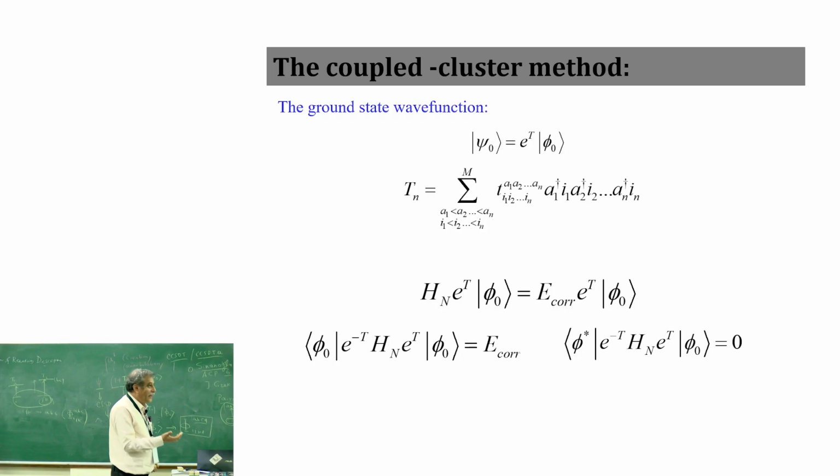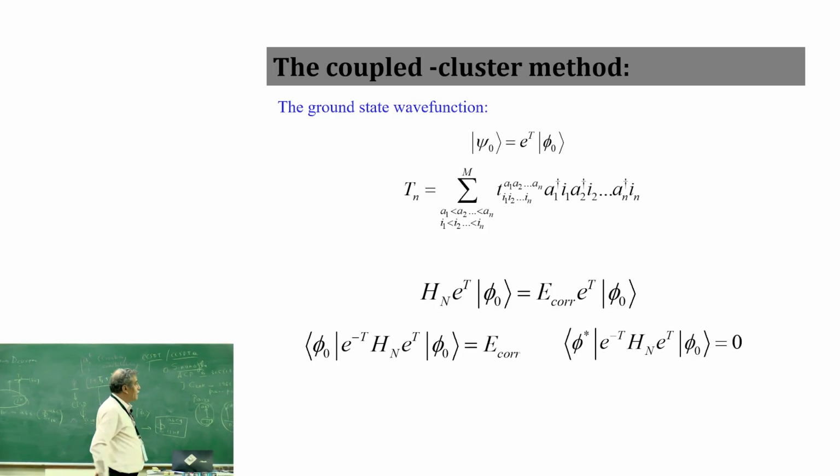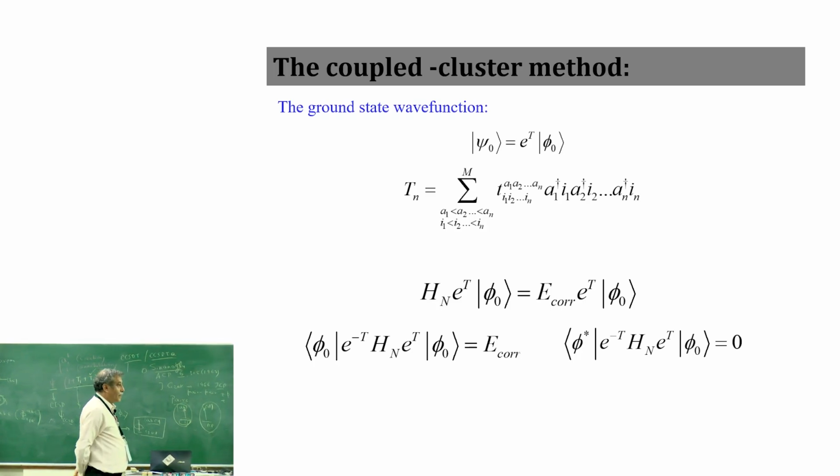Question is, since you talk about CI and all that, how does it compare with MCHF? MCHF is a multi-configuration method, okay? But you are changing all the orbitals.